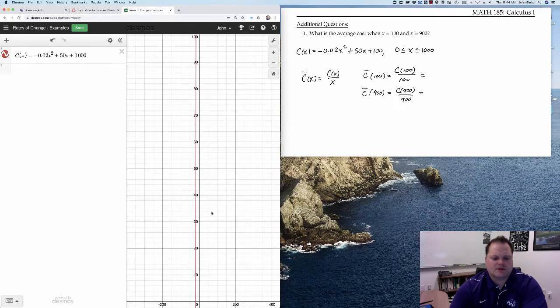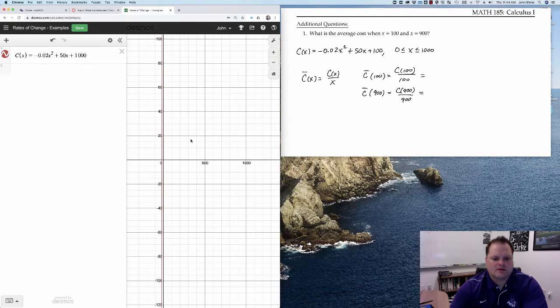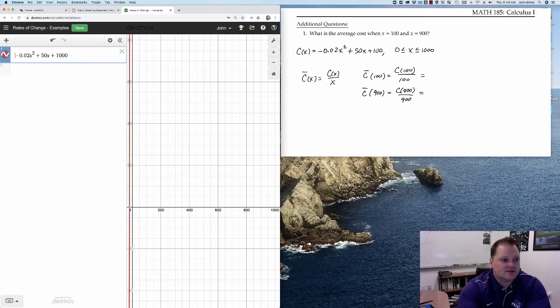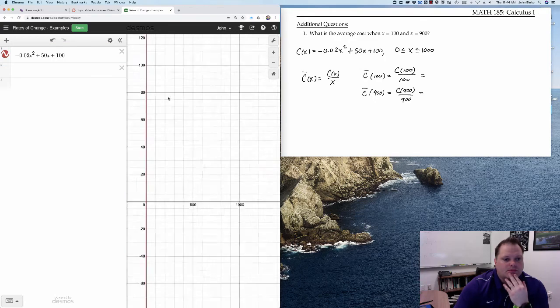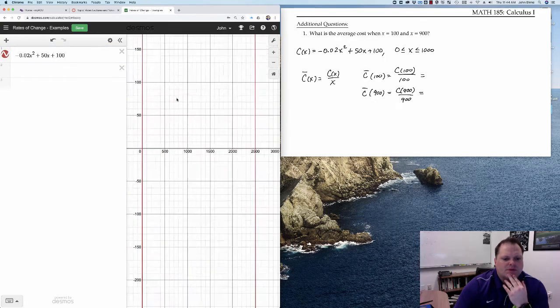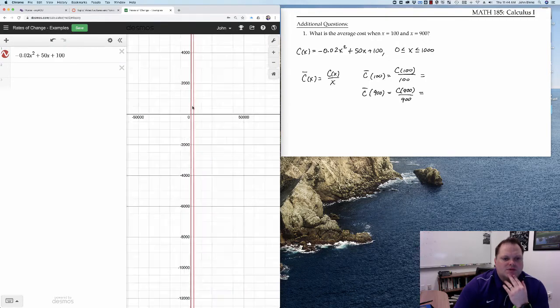Something's going on here. Should be able to see it. Maybe it's because I called it C of x. Oh, plus 100, not plus 1,000. Still, it's giving me a rather weird... Oh, there it comes back down over there. Where's the maximum here?